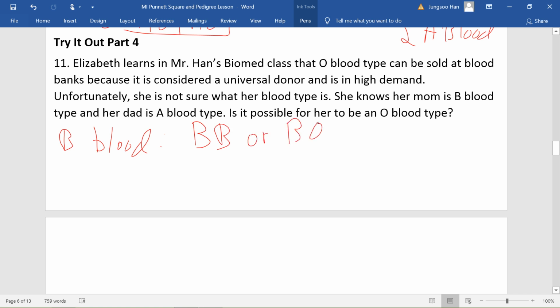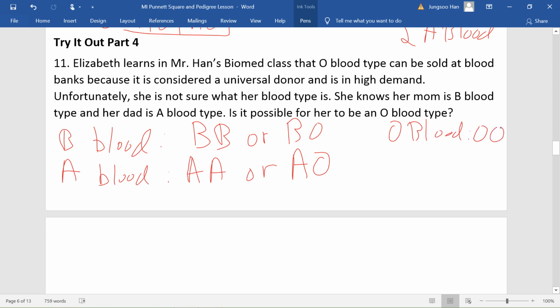If you're A blood type, you can be AA or AO. Here we could do all the possibilities, but there is a shortcut. She wants to know if it's possible for her to be an O blood type. In order to be O blood, you have to have OO alleles.